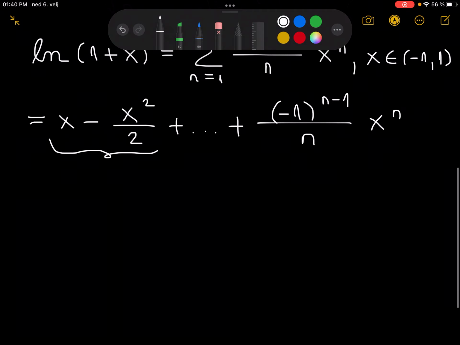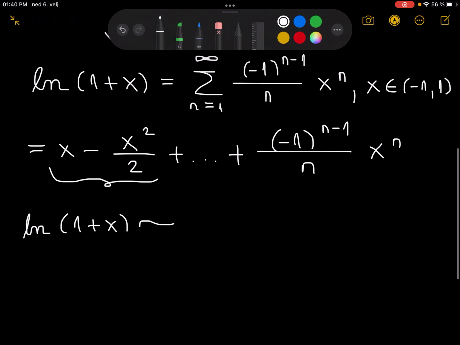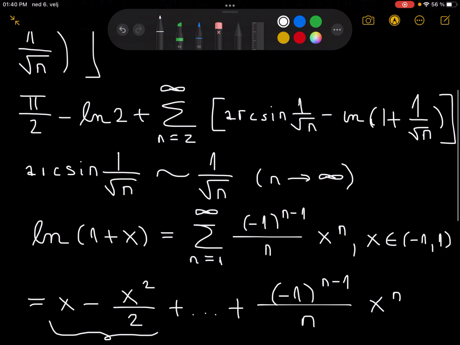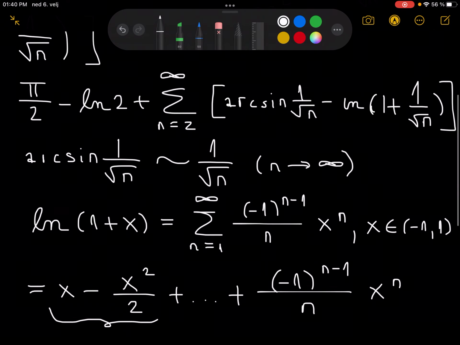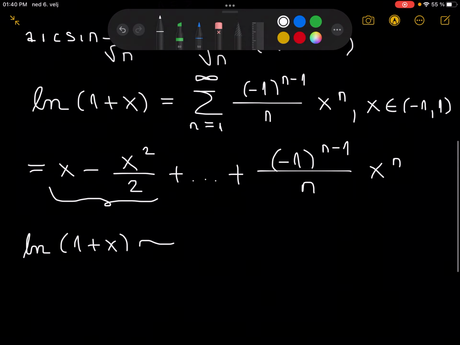So we can rewrite ln of 1 plus x to be asymptotically equal to, instead of x, we'll just put in 1 over the square root of n.